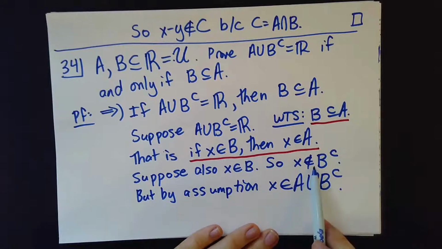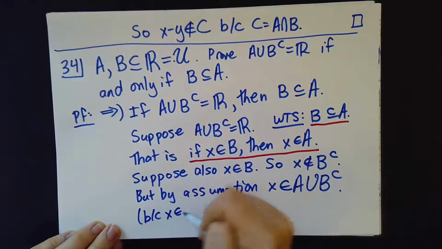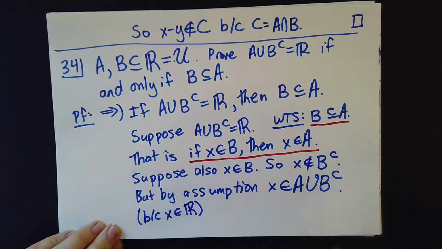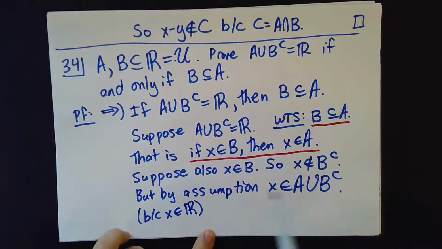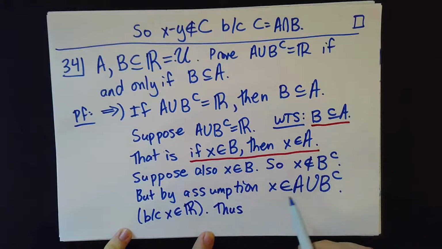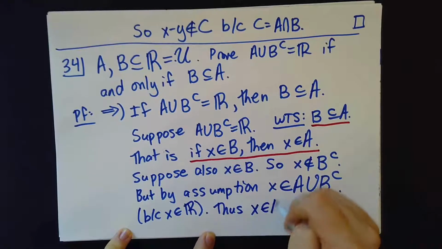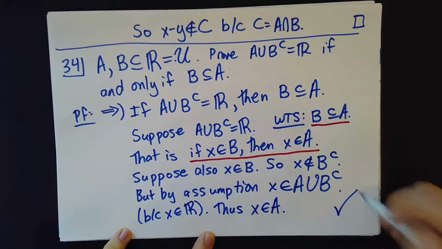Okay, because X is in R. That is the reason why I've assumed this. And so thus, since X is in the union, but it's not in that one, it must be in this one. Okay. And that's what I was trying to get from. I was trying to get from X is in B to X is in A. Huzzah.